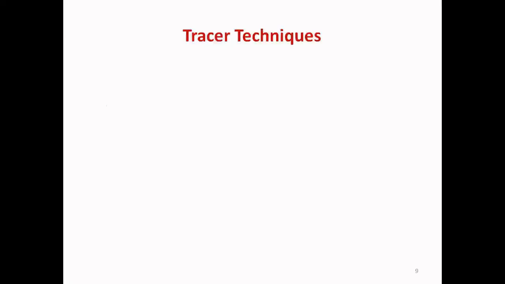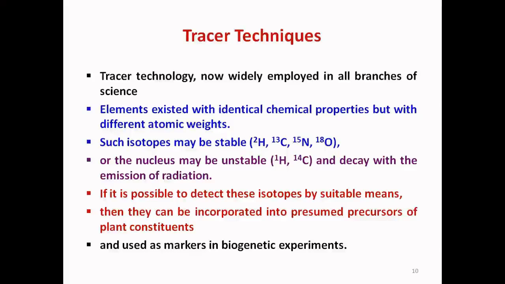So one of the most popular methods in the study of biogenetic pathways is the tracer technique. Now, what are tracer techniques? Tracer technology is nowadays widely employed in almost all branches of sciences. We have understood what are stable isotopes and what are unstable isotopes.